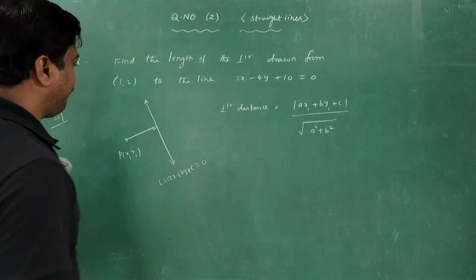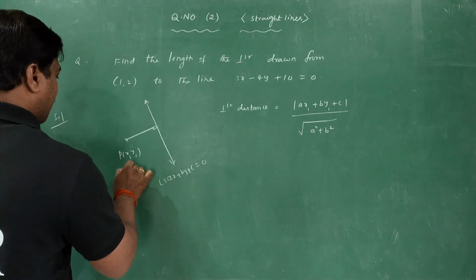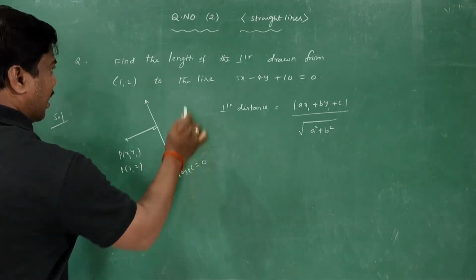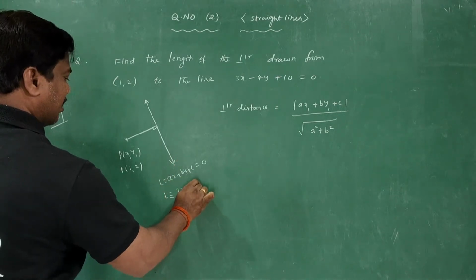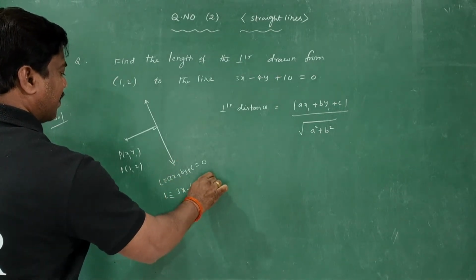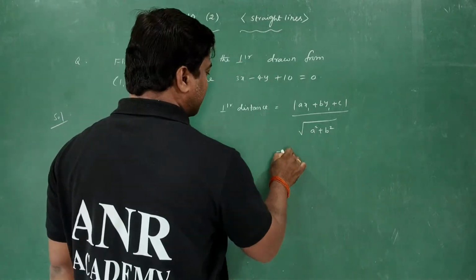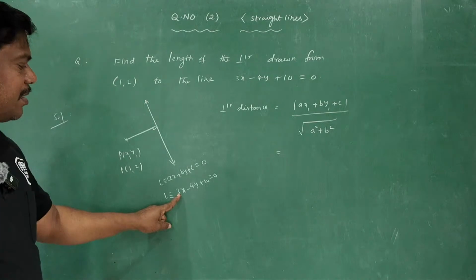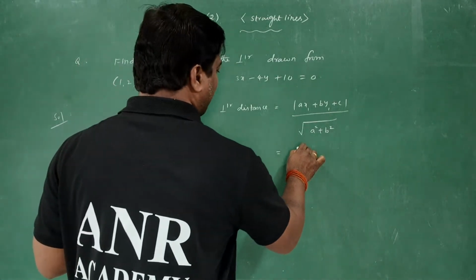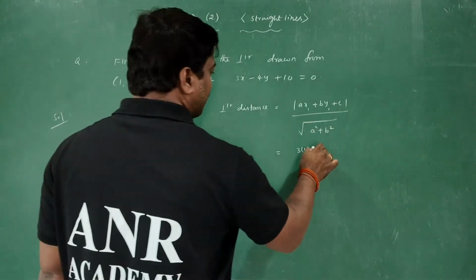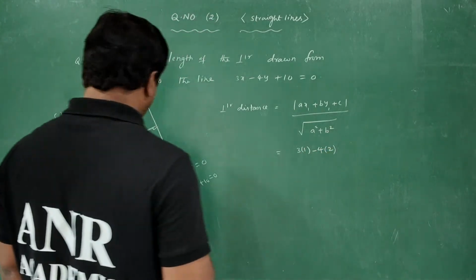This is the formula. And here the given point has coordinates (1, 2) and the line, clearly from the question, is 3x minus 4y plus 10 equal to 0. Substituting the values, you will get the perpendicular distance. A is 3, x1 is 1, so 3 into 1. Next, plus b y1, that is minus 4 into 2, since y1 is 2.